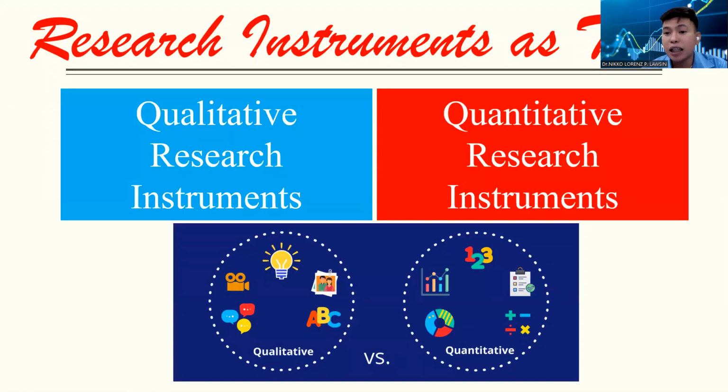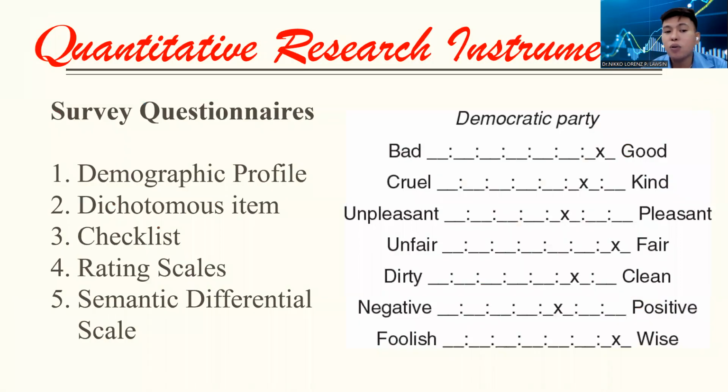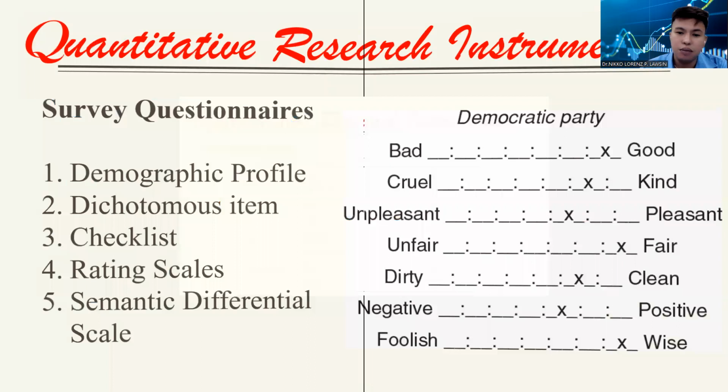Again, if you are using a qualitative research instrument, you will generate more words, while with quantitative, you will generate more numbers. Examples of quantitative research instruments: demographic profile for a survey questionnaire, dichotomous item, for example, if you're answering a male or female question, checklist, rating scales, semantic differential scale.